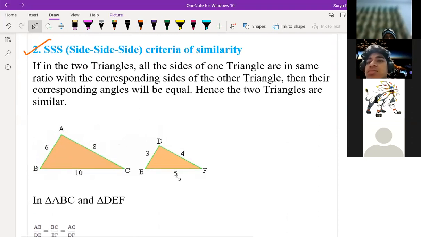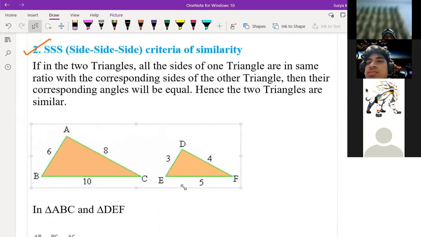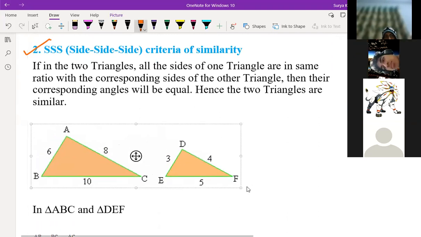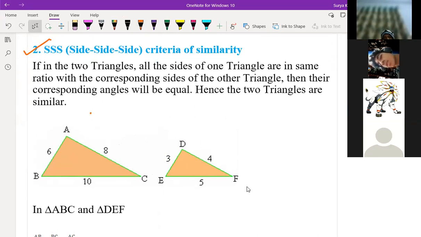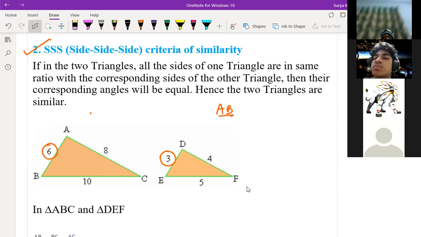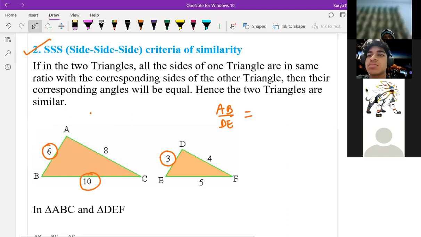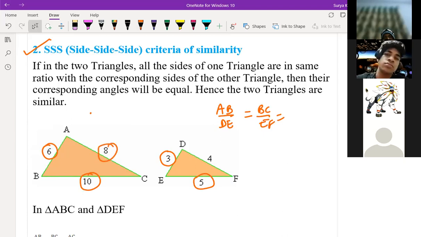If you prove that all the three sides are proportional, then we can say that your two triangles are similar, like AB by DE is equal to BC by EF is equal to AC by DF.